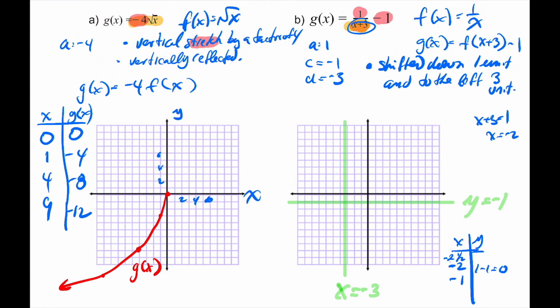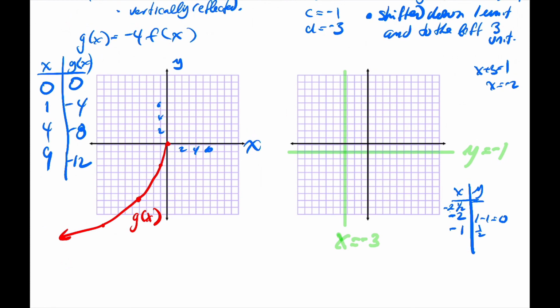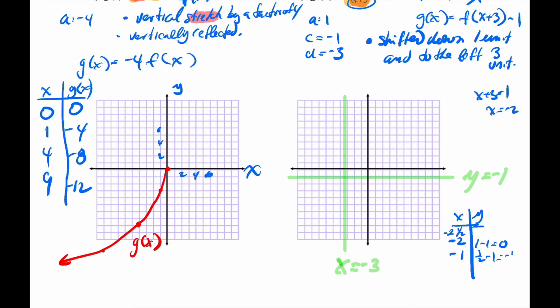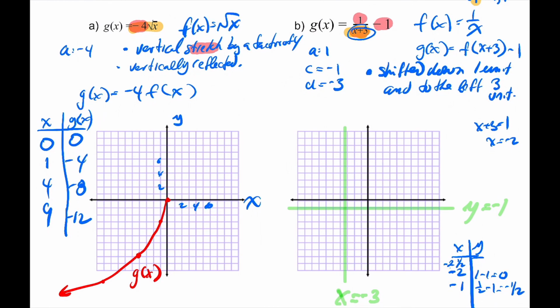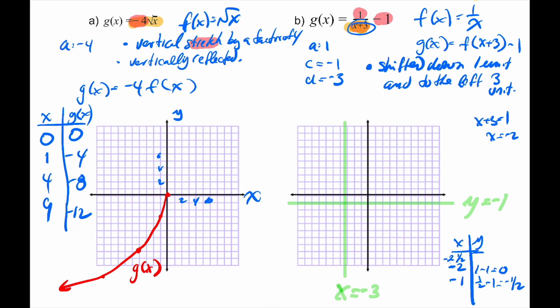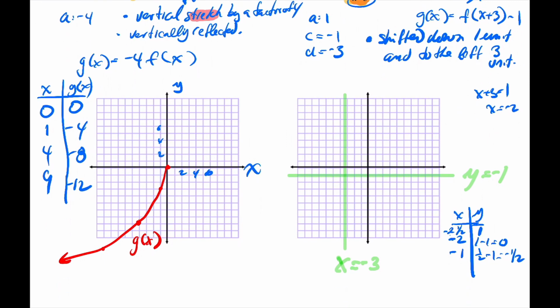So there's going to be negative 1 plus 3, so that's going to be a half. Reciprocal gives 2, minus 1 is 1... rather, with the half, minus 1 is going to be negative a half. And then negative 2 and a half: plugging that into g of x, that's going to be negative 2 and a half plus 3. So that's going to give me a positive a half. So reciprocating positive a half is going to be 2. 2 minus 1 is just going to be 1.